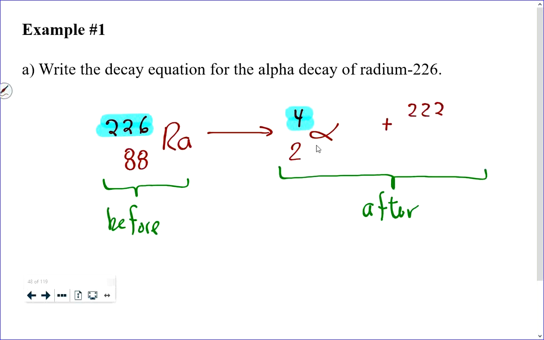Now, the bottom number is protons, but more importantly, the bottom number is charge. Protons are the only things in the nucleus with charge. So what this 88 represents, I know it represents 88 protons, but more importantly, it represents 88 elementary charges that are positive in nature.